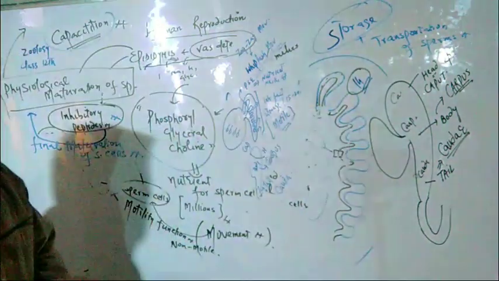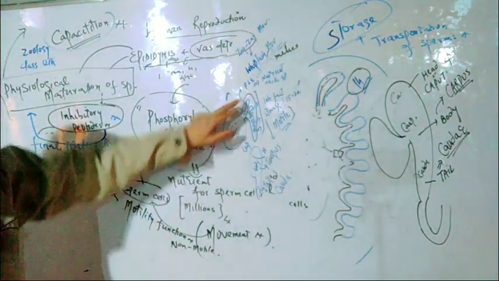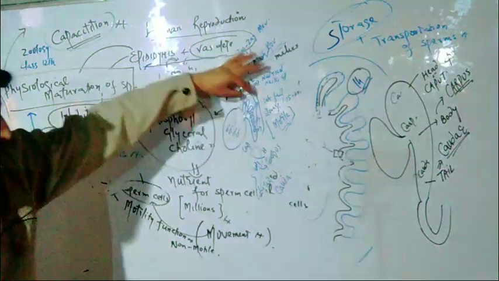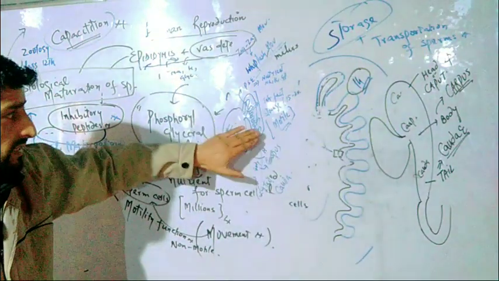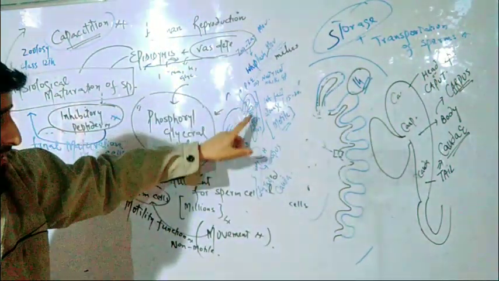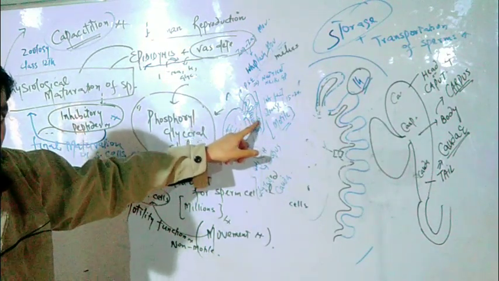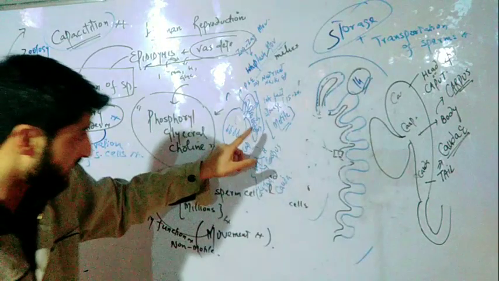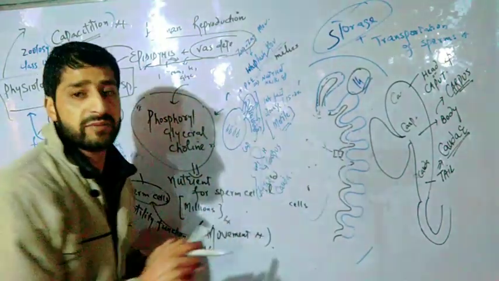What I told is that this epididymis attached with the testicle contains three regions: head, body, tail. Head is known as caput epididymis. Body is known as corpus epididymis. And this tail region is known as cauda epididymis.